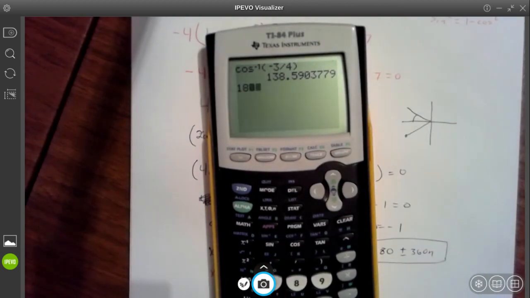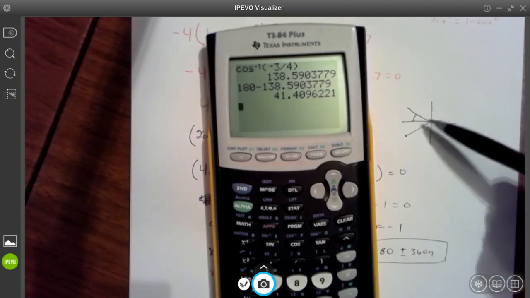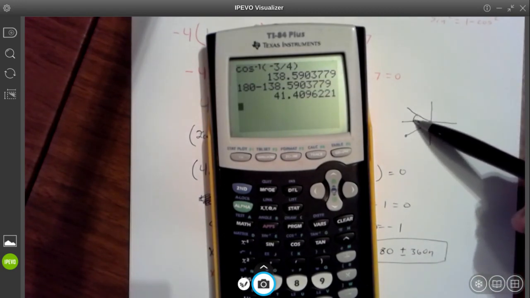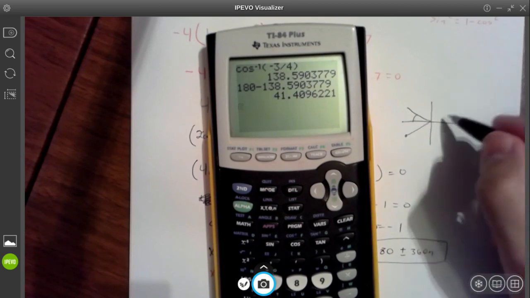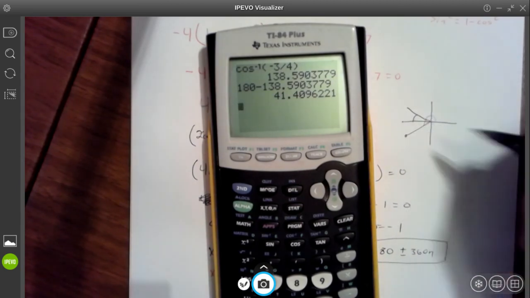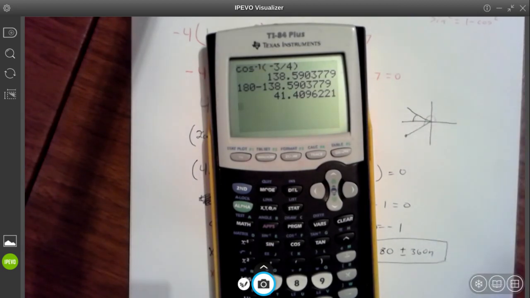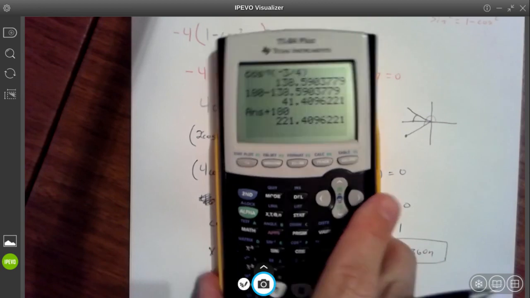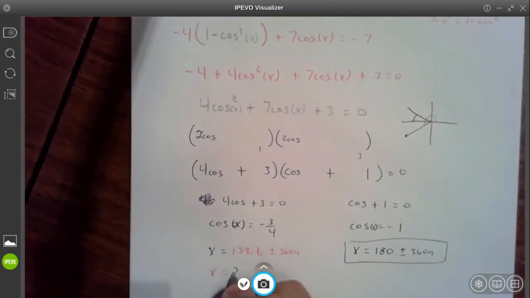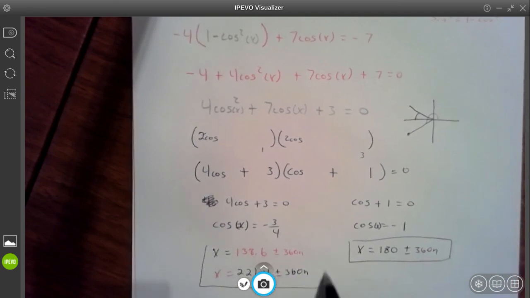So if I do 180 minus my last answer, that tells me that that angle is 41 degrees, but I want this entire angle right here, which is just 180 plus that 41 degrees. So I'm going to do 180 plus that. 221.4. Okay, and that settles it. Those are going to be all of my solutions.